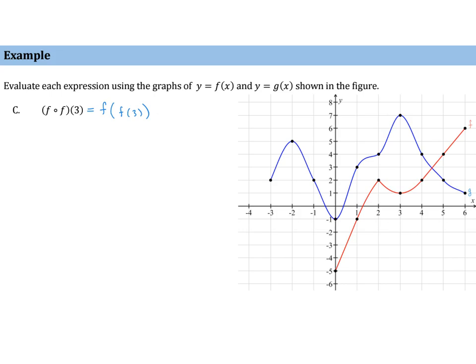And so for that, we're going to find f of 3 is 1. So we need to find f of 1. So f of 1, I will put 1 into our x value and see what the output is of f, and we get -1.